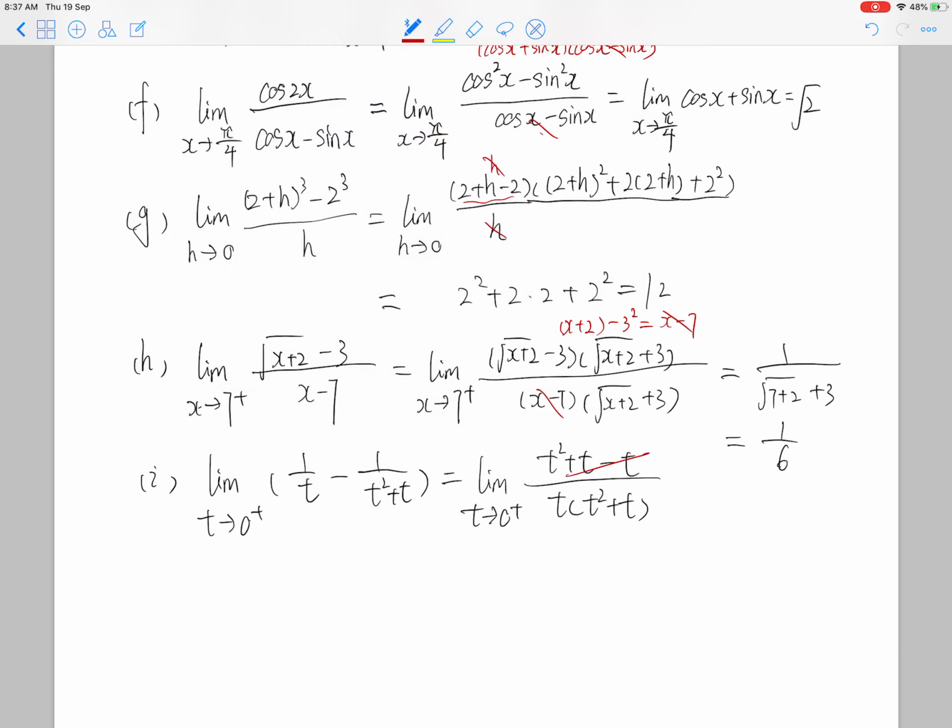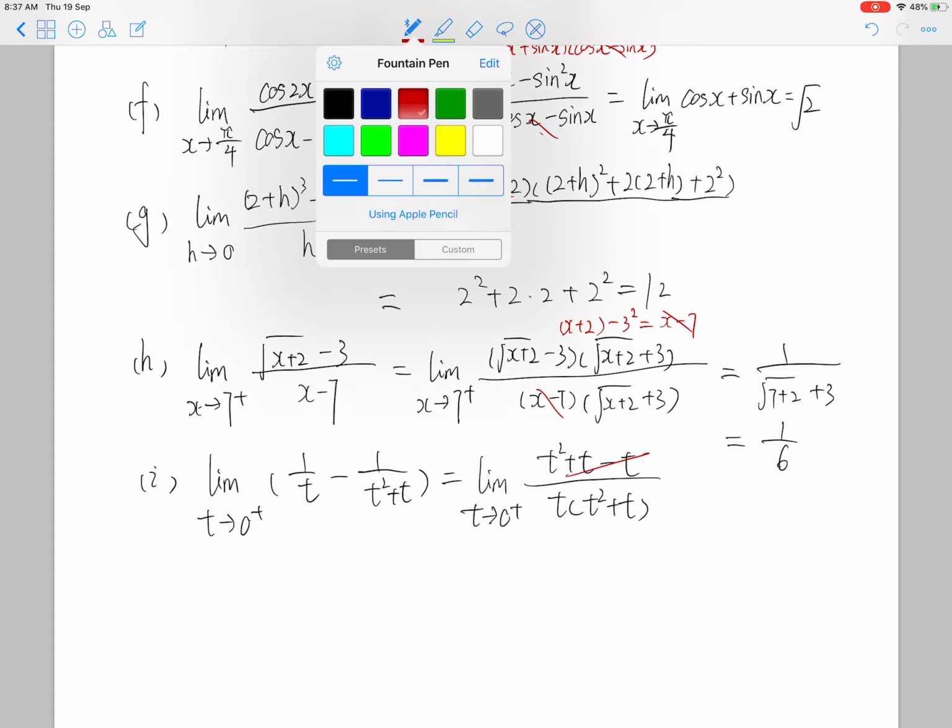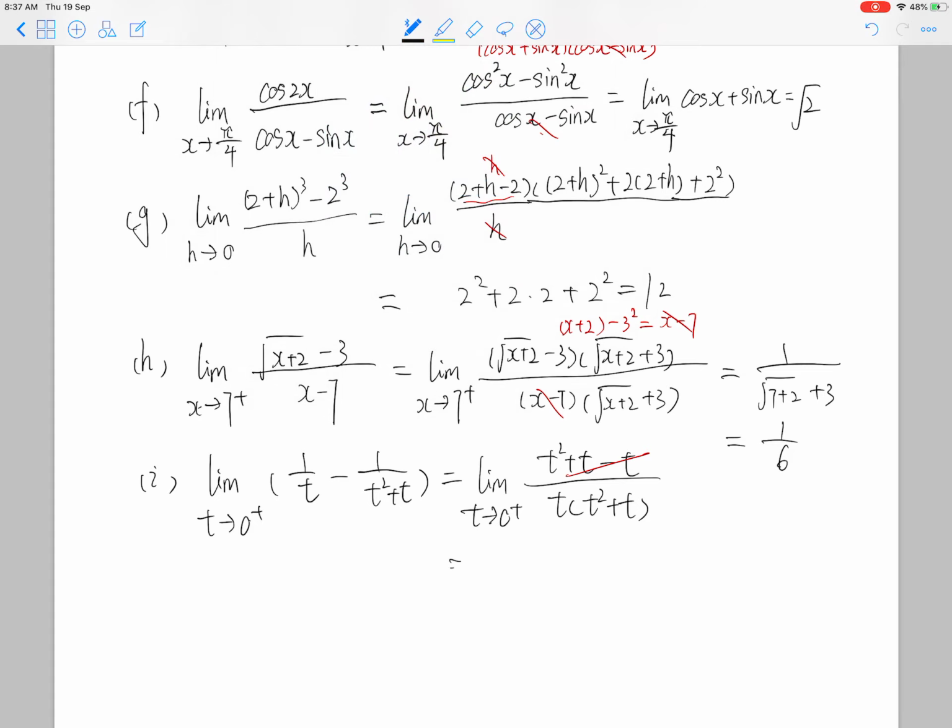Then the numerator is just t squared over t. So the numerator is just t squared, right? And then you cancel out t squared, right? Right, so it's just 1 over t plus 1. Okay, so the result is 1.